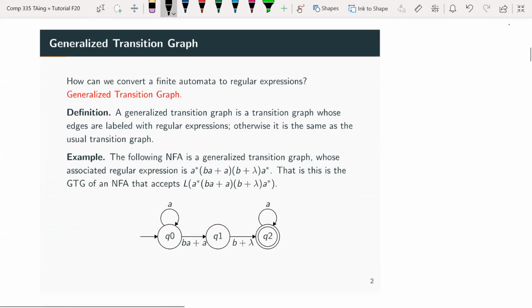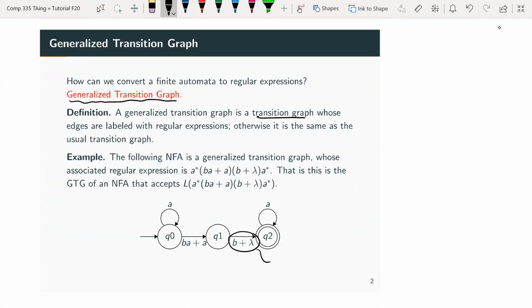Well, as you already saw in the lecture, there's this idea of a general transition graph that we introduced specifically for this purpose. And the idea is that a general transition graph is exactly like a regular kind of transition graph, but instead of having symbols as the labels for its edges, it has a regular expression.